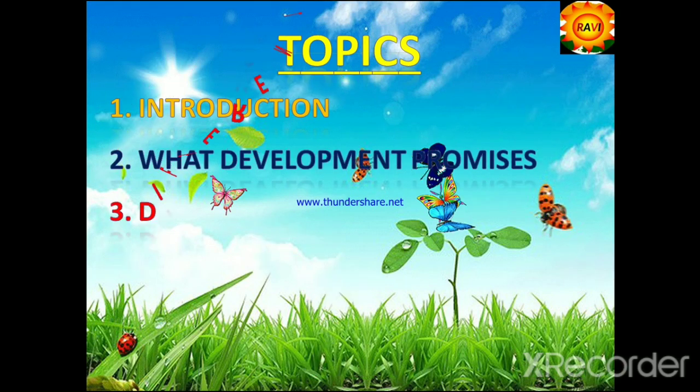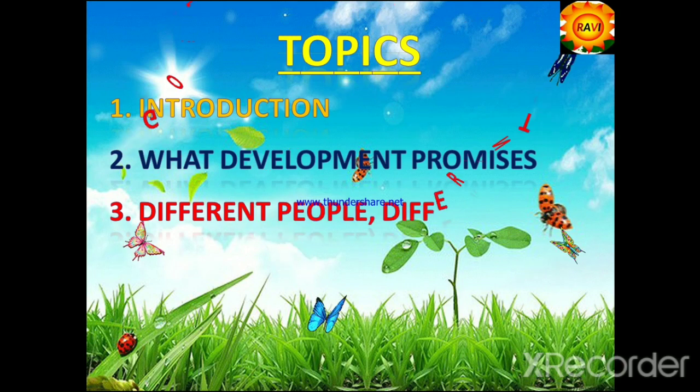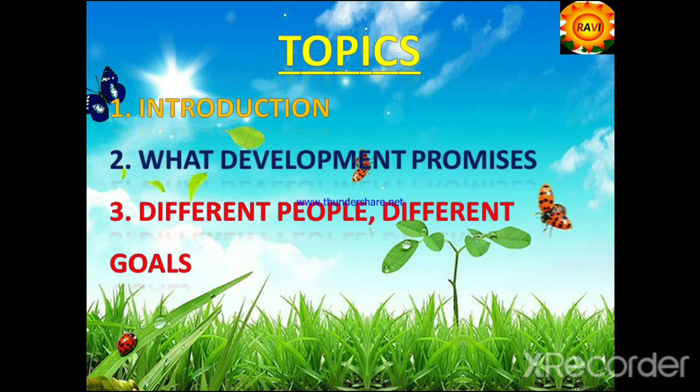First one is introduction about development. Under the introduction, we are able to learn the basic concepts about development, definition of development, and the features of development and other related information. And the second topic which you are going to learn from this chapter is what development promises, different people, different goals.